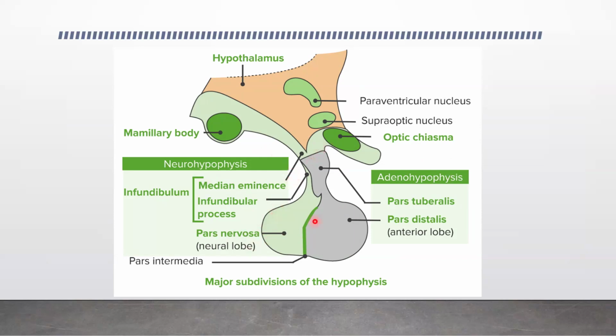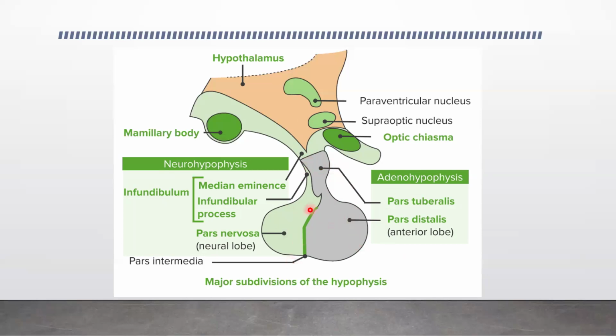Of course, we expect the posterior to be the neurohypophysis. So neuro means it has nervous tissue connected to the hypothalamus. Then our adenohypophysis, this one doesn't have a direct connection to the hypothalamus. But you can appreciate that the adenohypophysis has the pars tuberalis and the pars distalis.